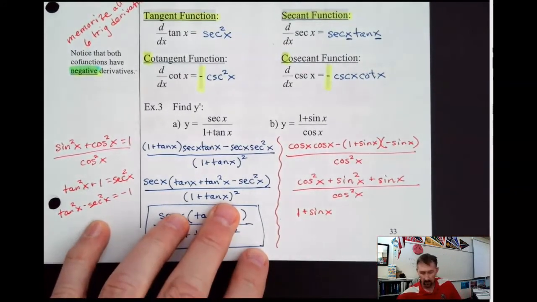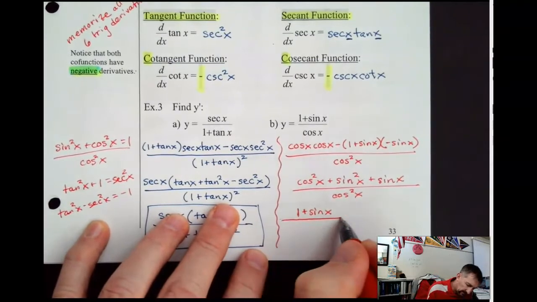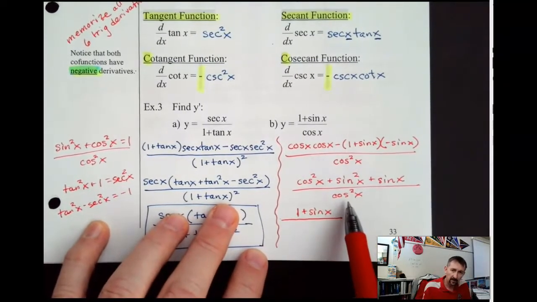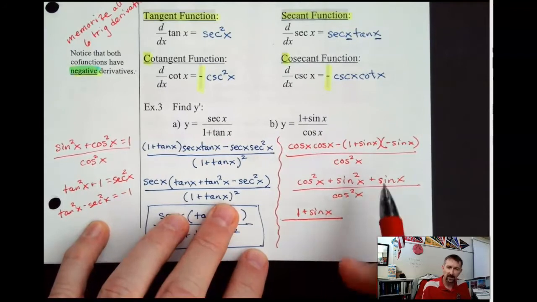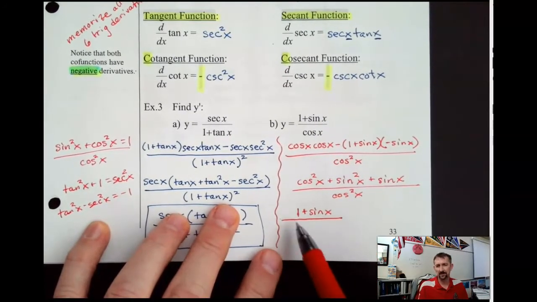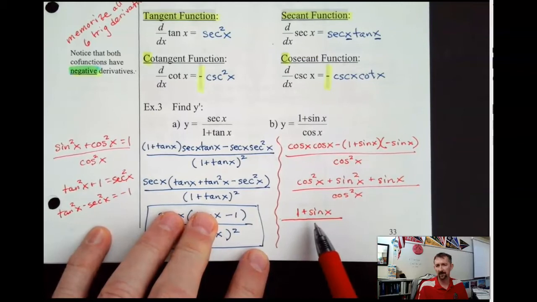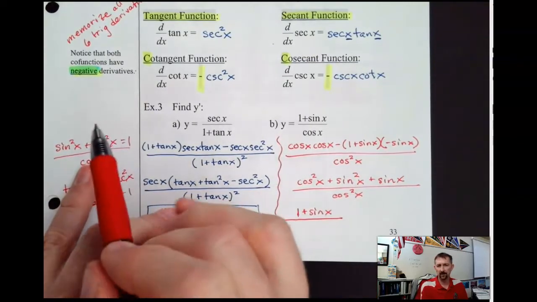Now, what you should think about here is cosine squared. One of our strategies for simplifying trig functions is to get everything in the same type. So that's a cosine, this is a sine. Could we switch cosine to sine? Well, actually, look over here.